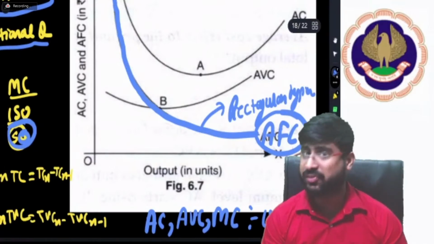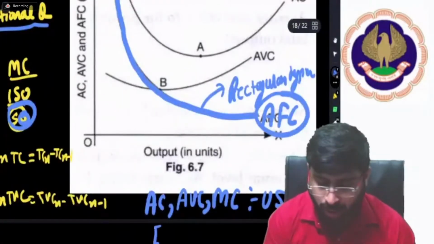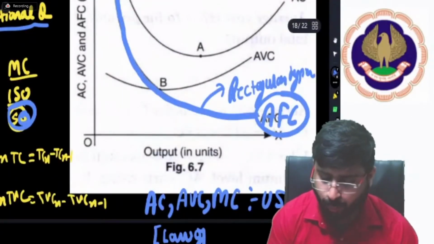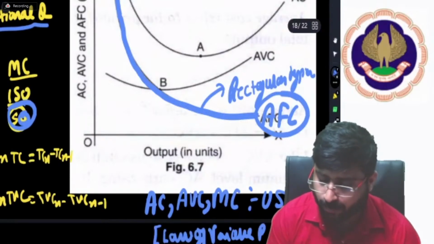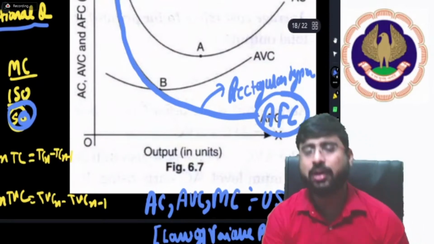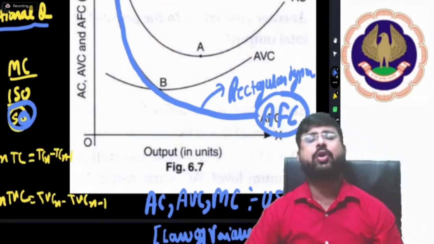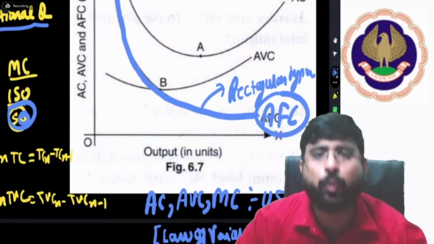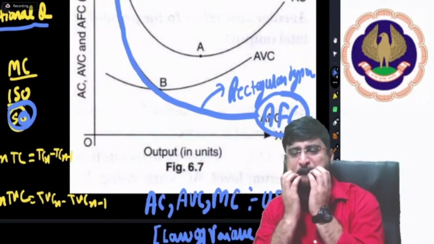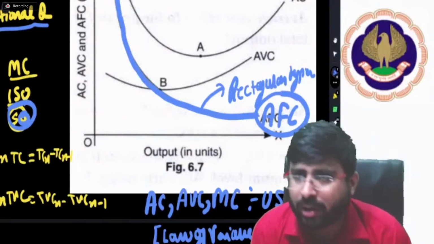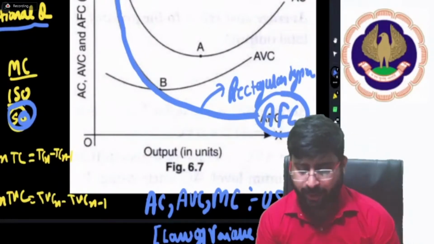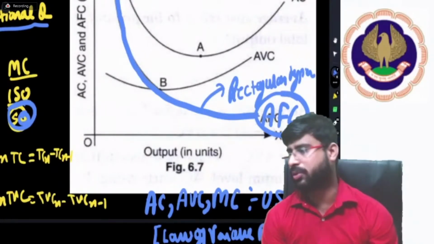Again, remember the answer from objective point of view: because of law of variable proportion. So AC, AVC, MC all are U-shaped because of law of variable proportion.